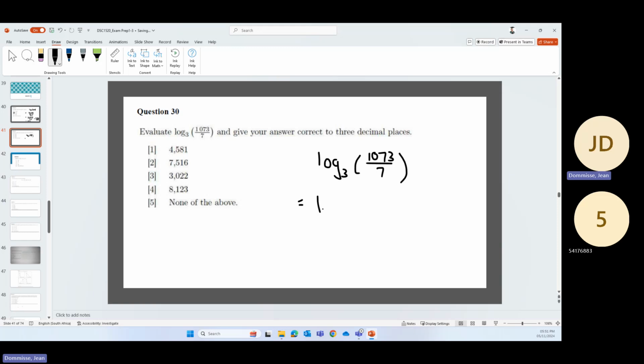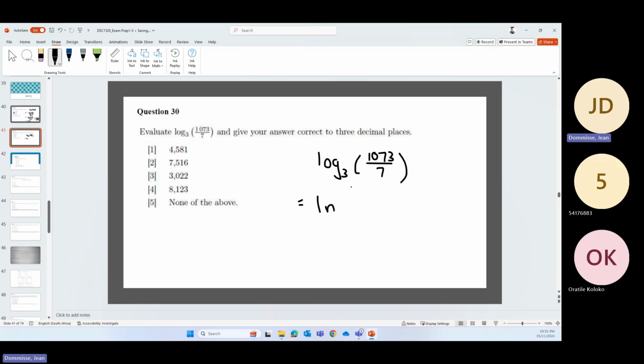I don't have that functionality, so I will say 1073 divided by 7. So I will get 153.2857, I'm just rounding it off, and then divided by log of 3.